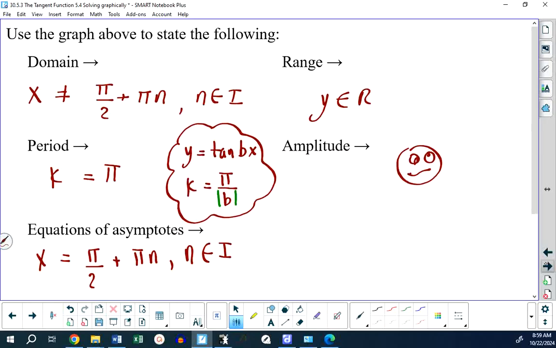So when you look at what I wrote for the equations of the asymptotes and what I wrote for the domain, they're not the same, but they have the same structure, right? The domain is telling us what x is not allowed to be. The asymptotes are telling us where those vertical lines are, which happen to be where x cannot have a value.